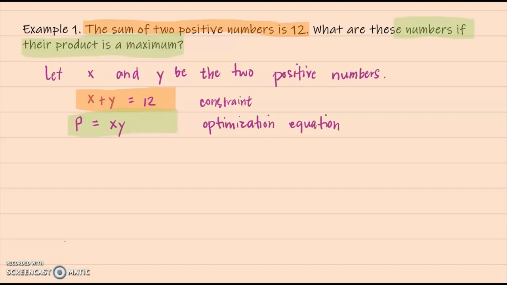Okay, so next, solve for one of the variables in the constraint. So after we have identified our two essential equations for this problem, then we will solve for one of the variables in the constraint.